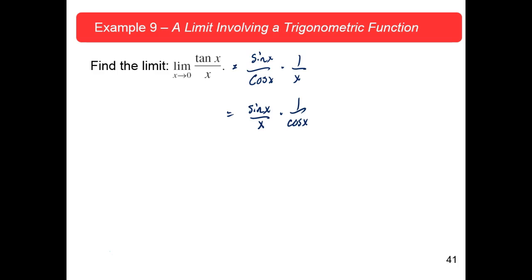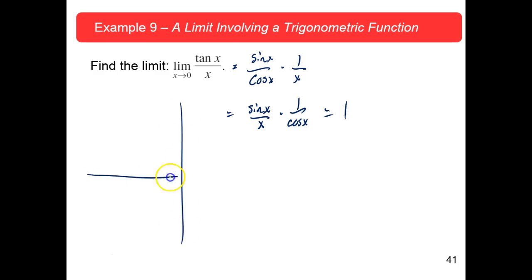Okay, cosine of 0. 1. 1! So this is 1 times 1 over 1, which is 1. So this answer is 1.